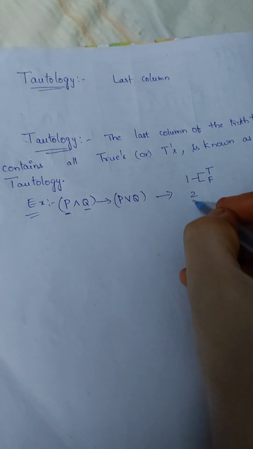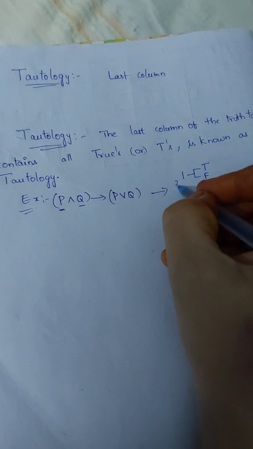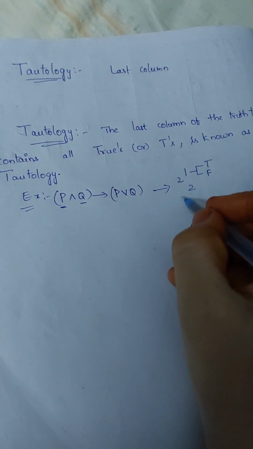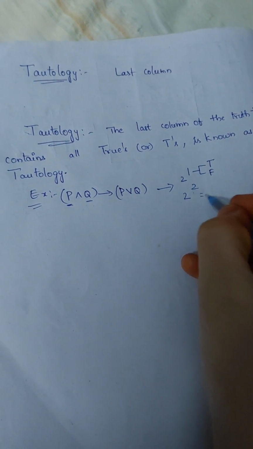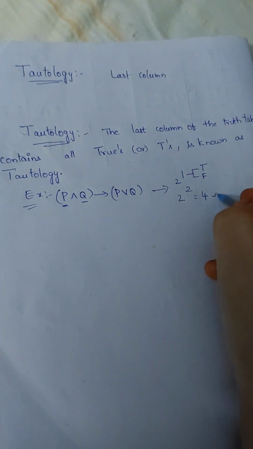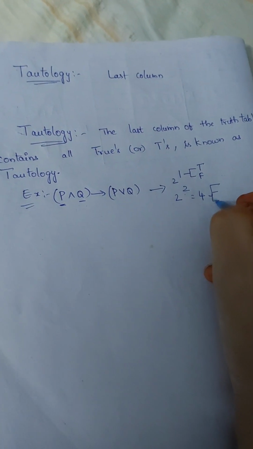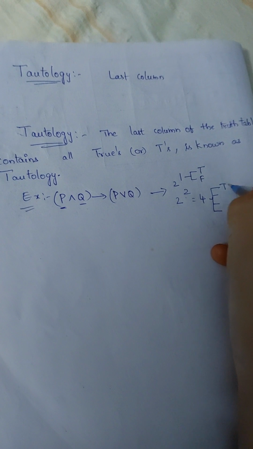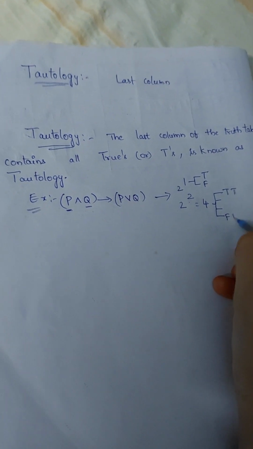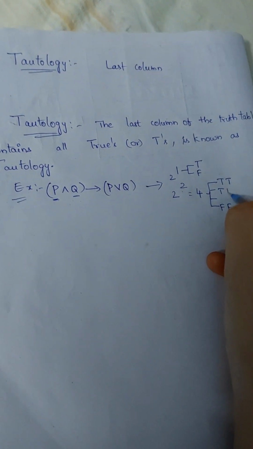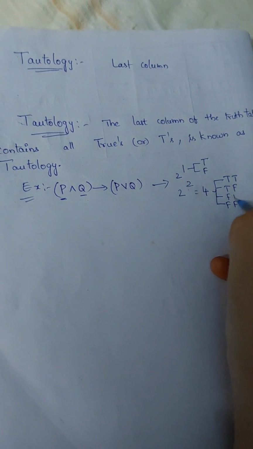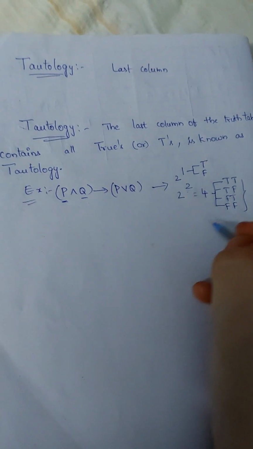If there are two statements, we get 2 power 2, which means 4 possible ordered pairs: both true, both false, one true and one false, or one false and one true.